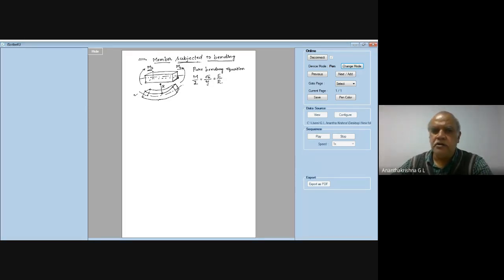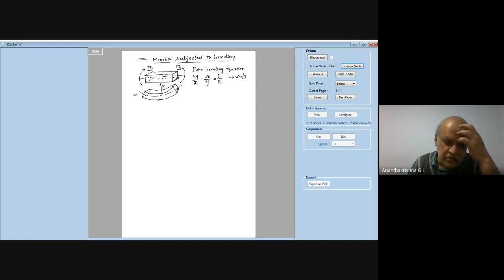Correct? So take out your data handbook. Go to equation 1.3a on page number 3. You will get the equation M by I is equal to sigma B by Y is equal to E by R. What does this M stand for?